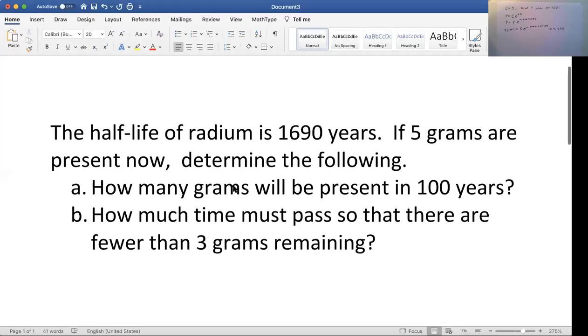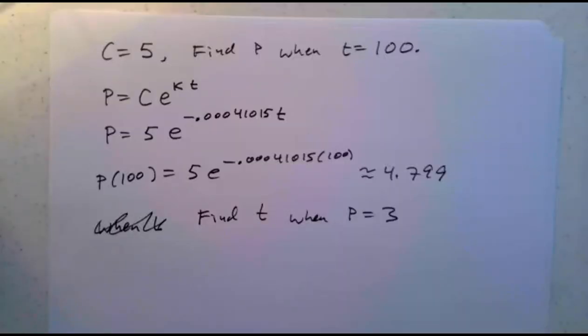And then the last thing I need: how much time must pass so that there are fewer than 3 grams remaining? So what is that saying? Find t when P equals 3, or less than 3. Find how much time must pass. Find t when P is essentially 3. So again, P equals C e to the KT. We know C is 5, so let P be 3.